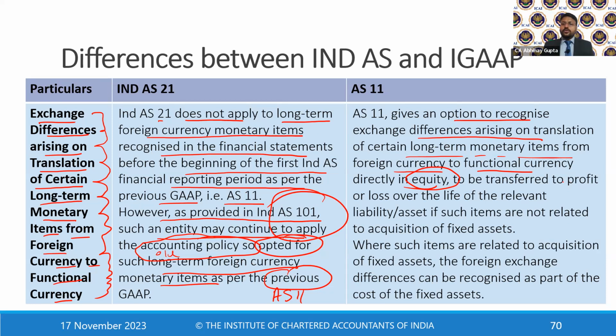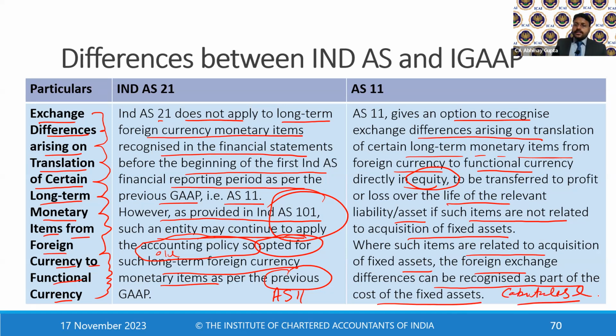To be transferred to profit and loss over the life of the asset or liability if such items are not related to the acquisition of fixed assets. When such items are related to the acquisition of fixed assets, the foreign exchange differences can be recognized as part of the cost of the fixed assets. That is, capitalized, right? So foreign exchange gain or loss on the vendor payable for the purchase of a fixed asset will continue to be capitalized to the fixed asset as per AS 11, that is allowed, but under Ind AS 21, it will not be allowed.